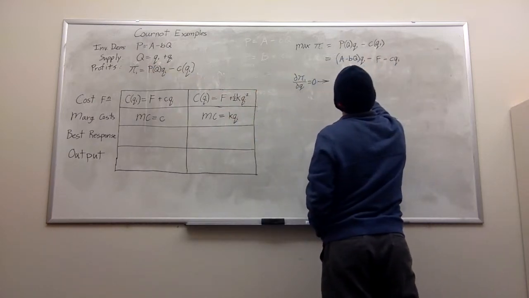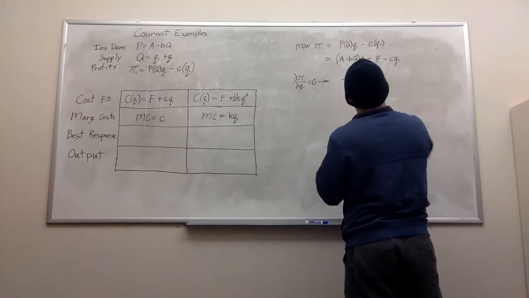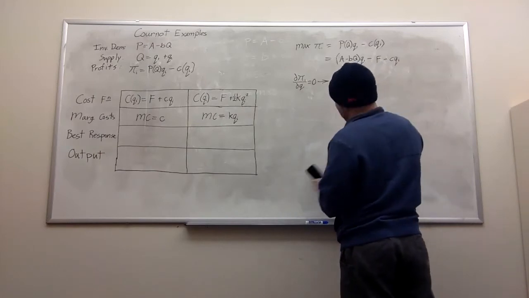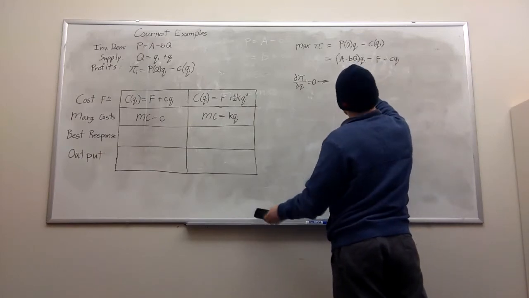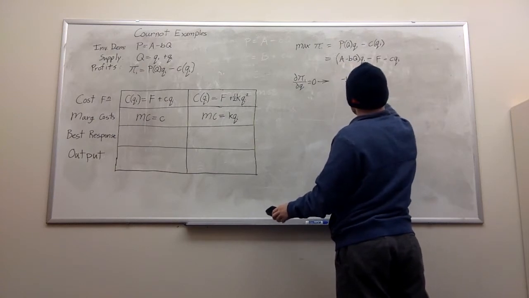So that is going to be minus b, minus b for the derivative of this term times that, minus b Q1.